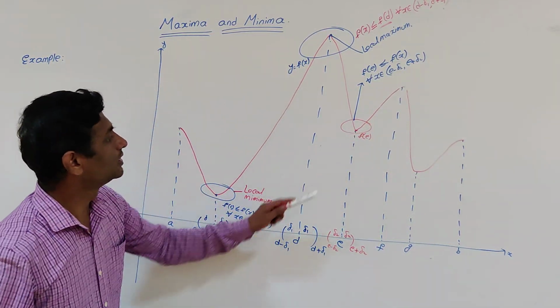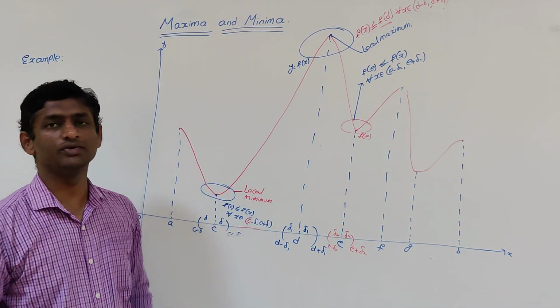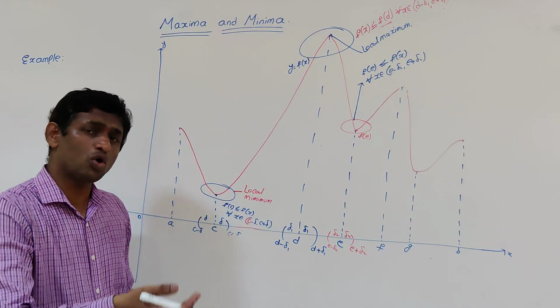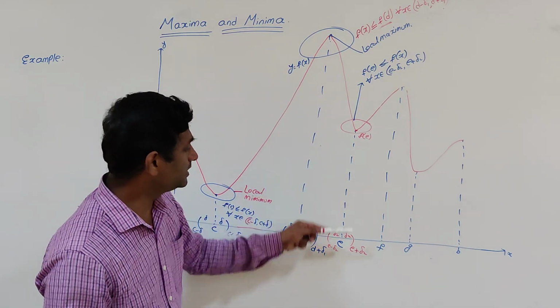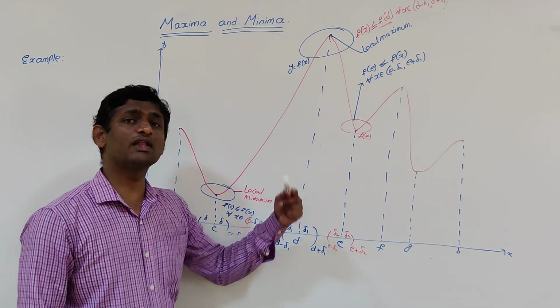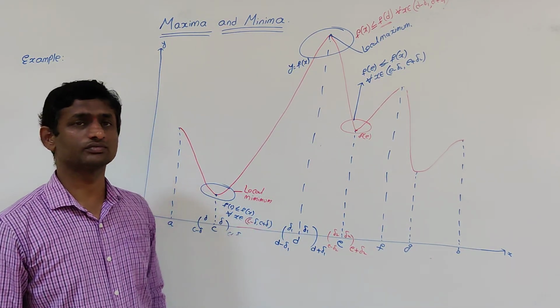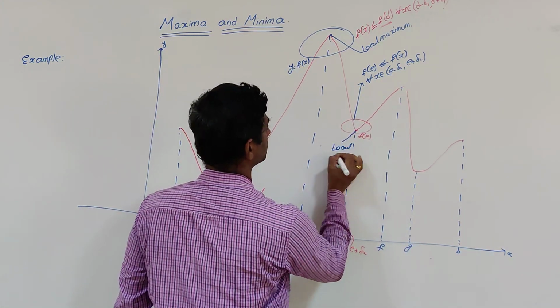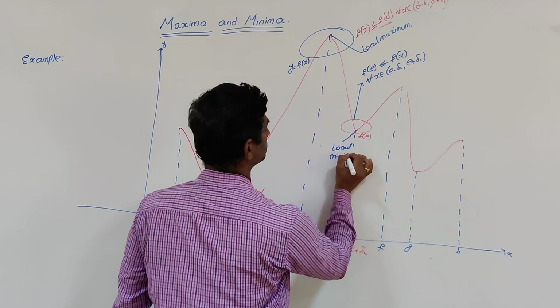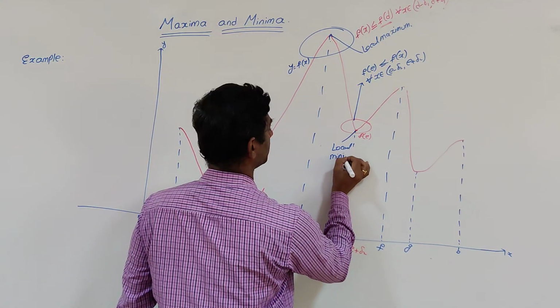As f of E is a smaller value and there is no value less than f of E in this interval, all the values are greater than f of E. So in this case it is a local minimum value.